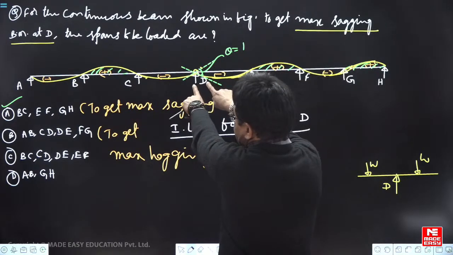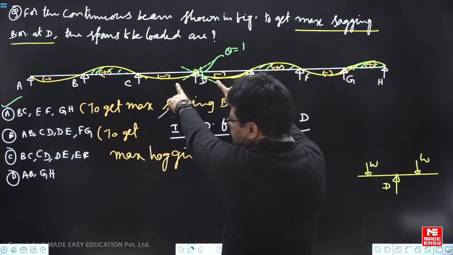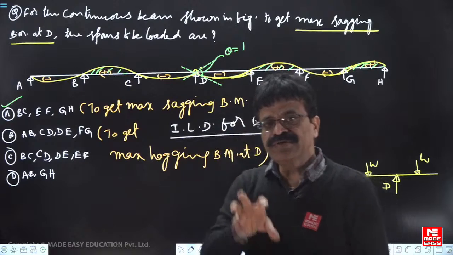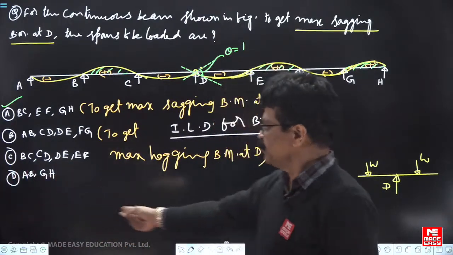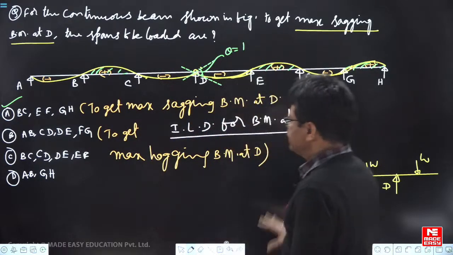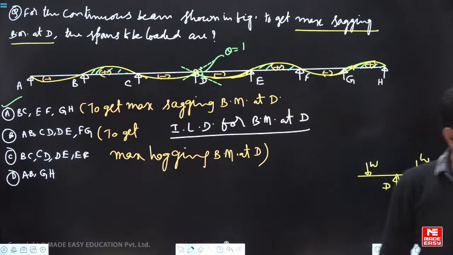Next to the adjacent span means for the support D, adjacent spans are this one. Next to adjacent spans means BC, CD. So load next to adjacent spans and alternate spans. Meaning is this one, BC, EF, GH. Okay. So this is the influence line diagrams for the indeterminate structures.